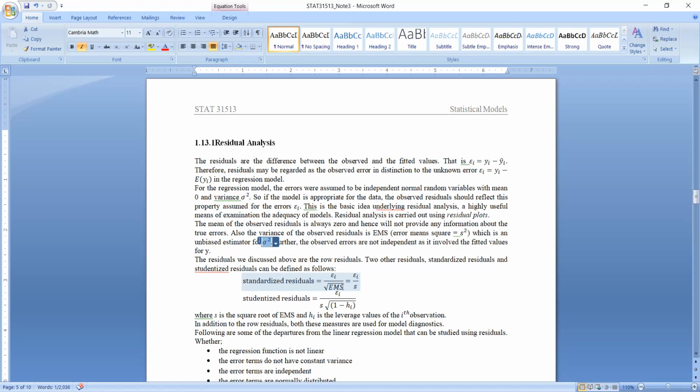And then there's another residual which is known as studentized residuals. If you want to obtain the studentized residuals, what you have to do is take the standardized residuals, and then divide them again by the square root of 1 minus h_i.